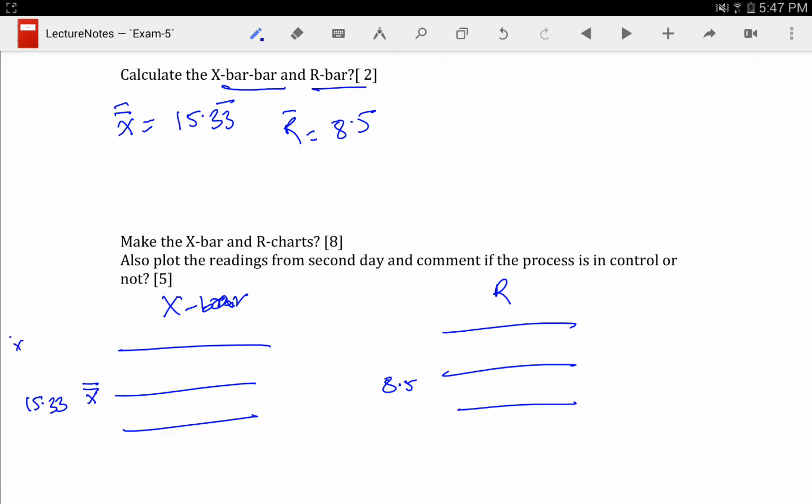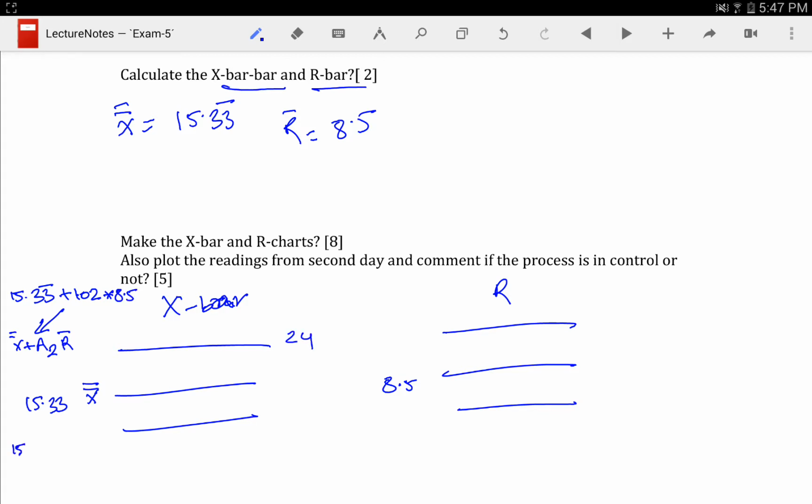The upper line is x bar bar plus A2 R bar. We already figured out n equals 3. The A2 for n equals 3 is 1.02. So this is just 15.33 plus 1.02 times R bar, 8.5, which comes out to be 24.